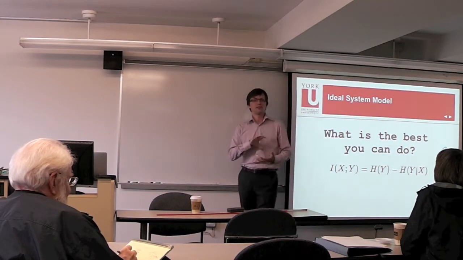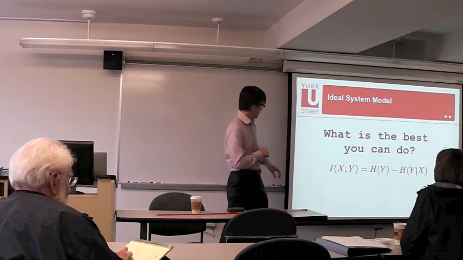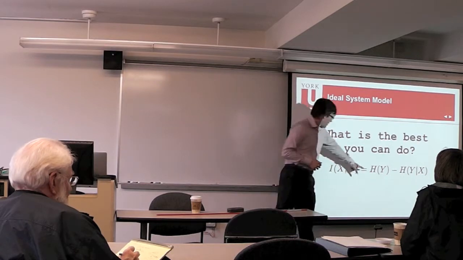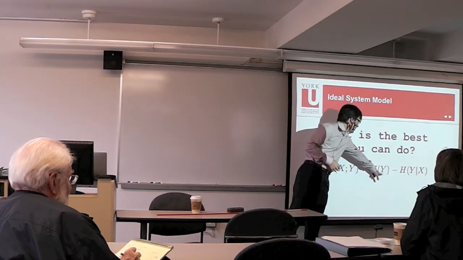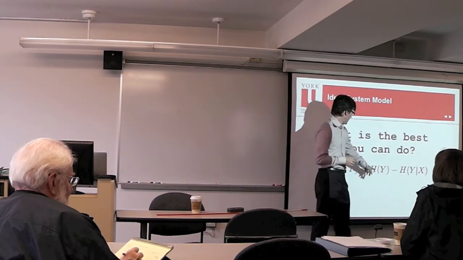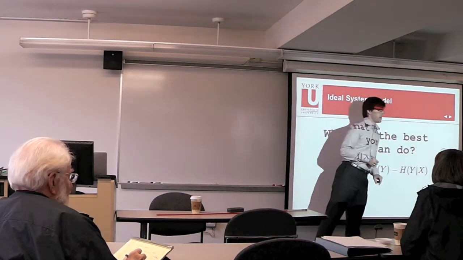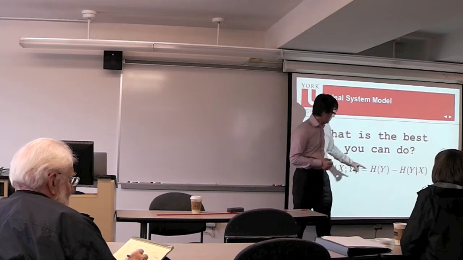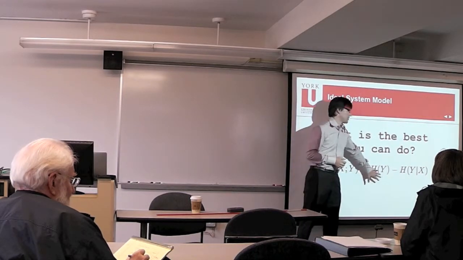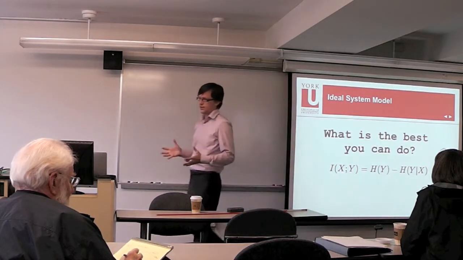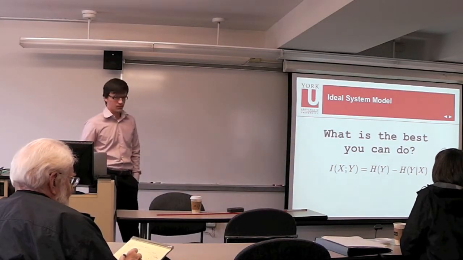So in other words, X, you pick the message that you're going to transmit, and Y is what you get out of the channel at the other end. This is the entropy of the channel outputs minus the conditional entropy of the outputs given what you send. So in other words, if you know what you send, what's the uncertainty in the output? This is just plain the uncertainty in the output, treating the input as a random variable.